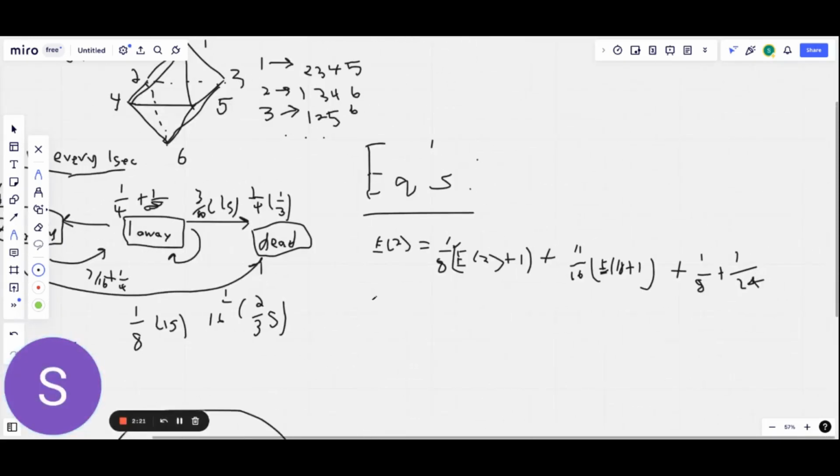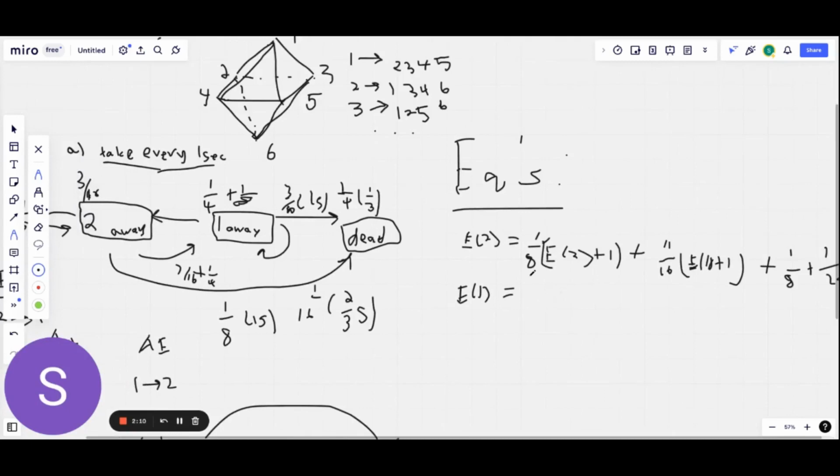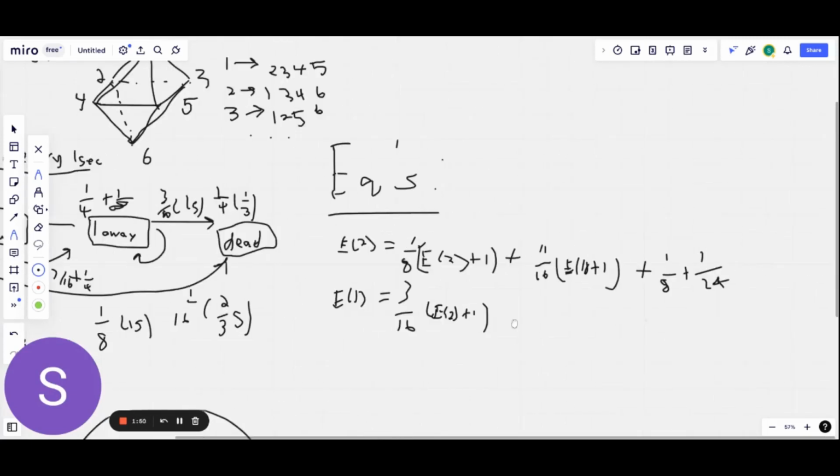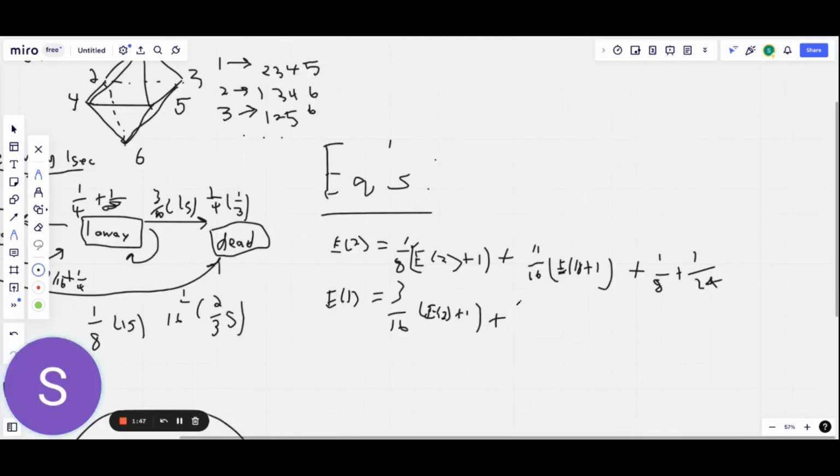That is going to end up being E1 is equal to 3/16 E2 plus 1, plus 1/4 plus 1/8, which is just 3/8 E1 plus 1.